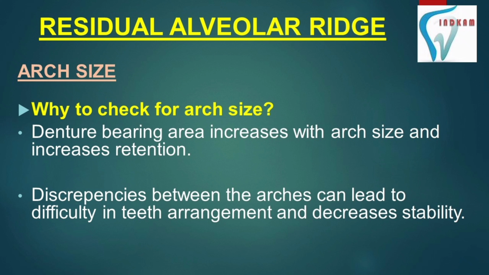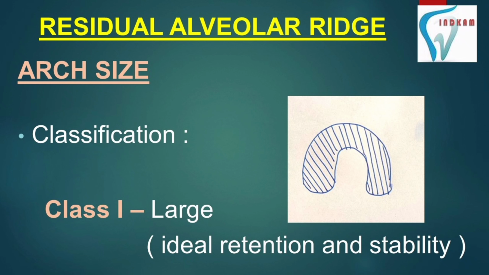Arch size. Why check arch size? Because denture bearing area increases with arch size, and this increases retention. And discrepancies between the arches can lead to difficulty in teeth arrangement and decrease the stability of the denture. Coming to the classification of arch size, class 1 is large, as you can see in the diagram.